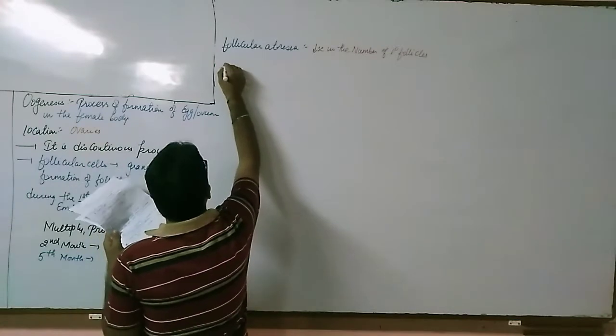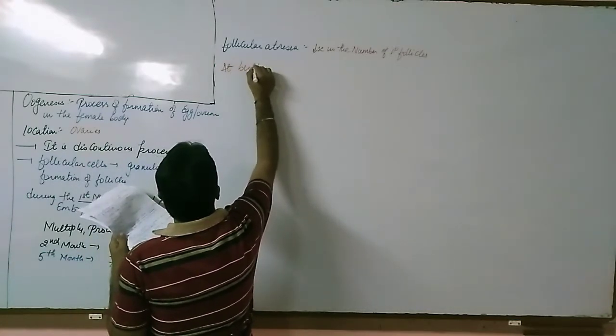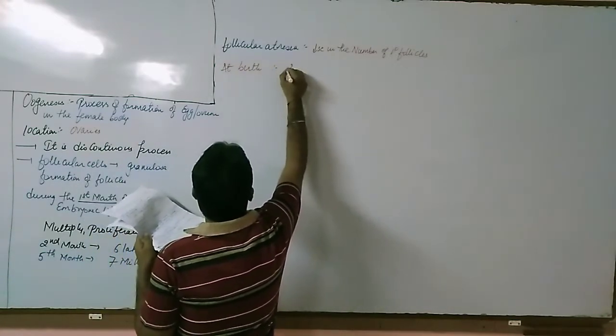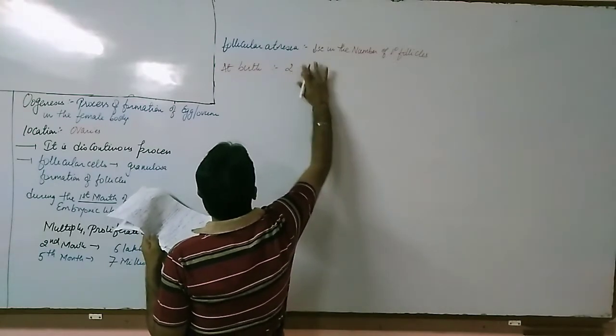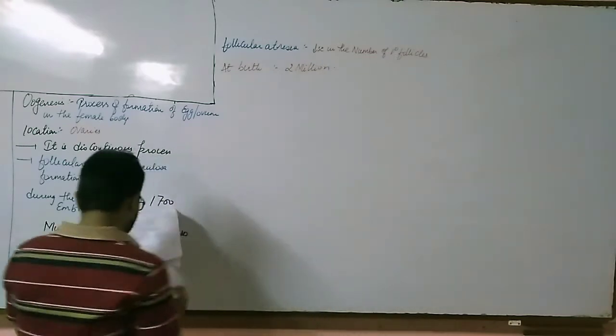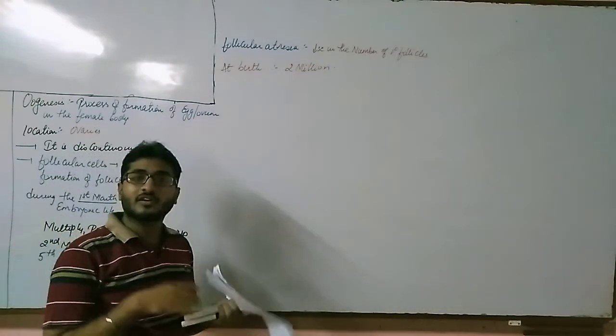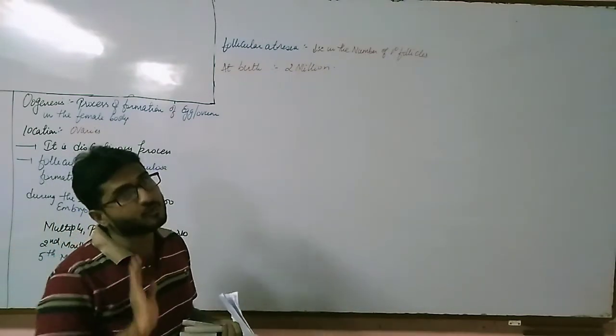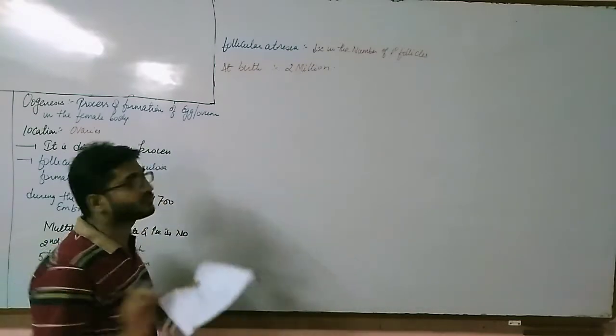So at birth, the total number of follicles present is approximately 2 million. This process continues to take place till puberty and then it stops.